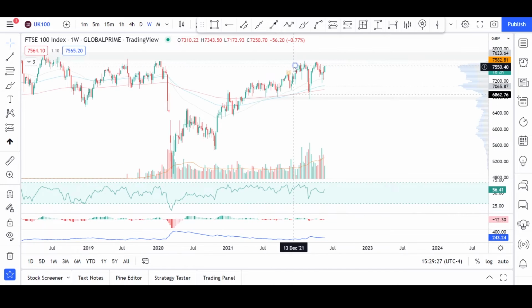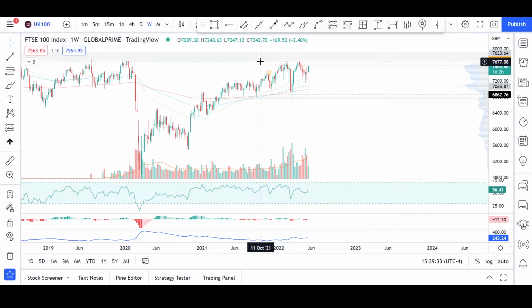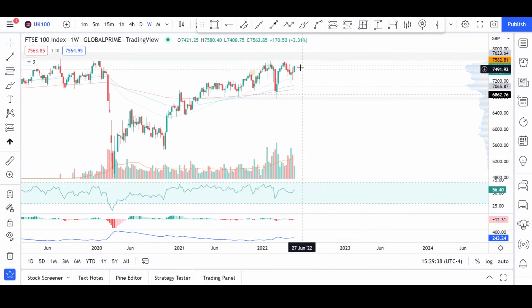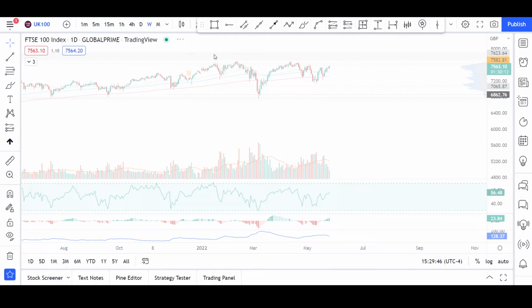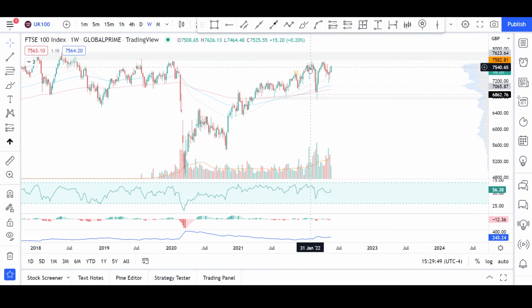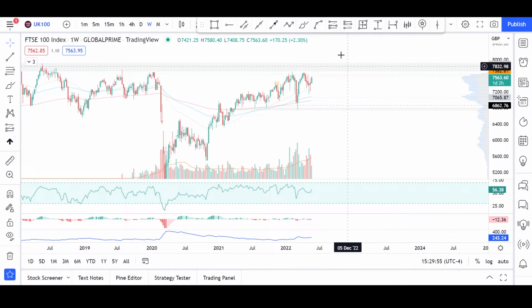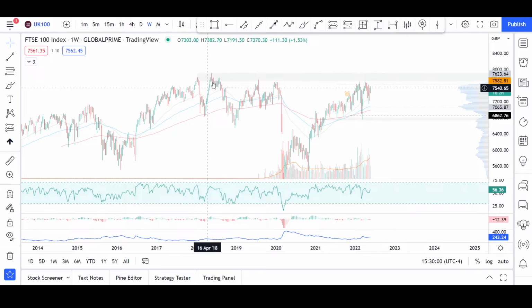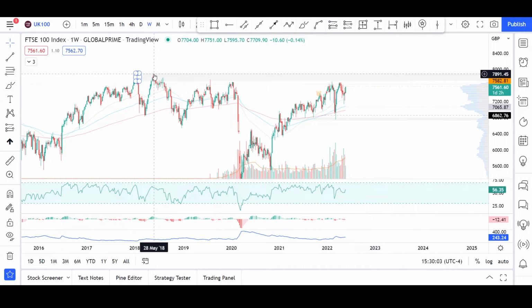In terms of the UK 100 FTSE index, we have leveled the ceiling set in January of 2020 and are right now balancing around this. We are forming something that looks like an inverted head and shoulders pattern, which is a very strong technical pattern that should lead us right above the historical highs from May 2018.